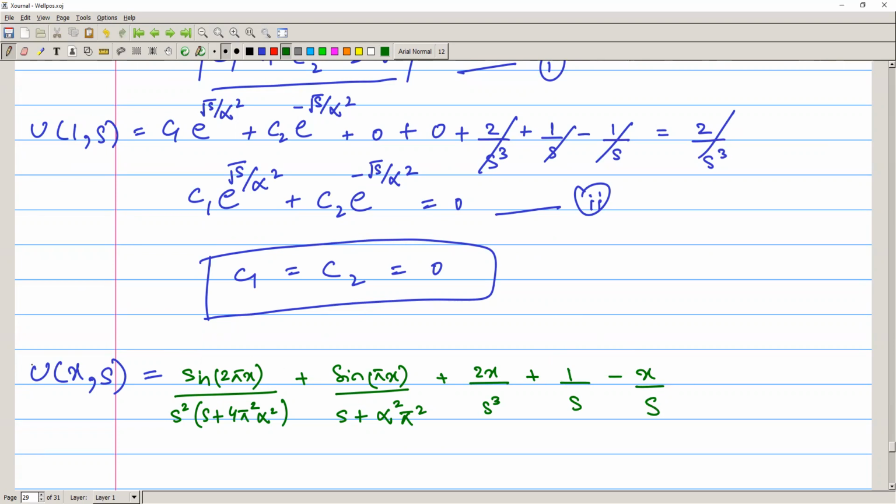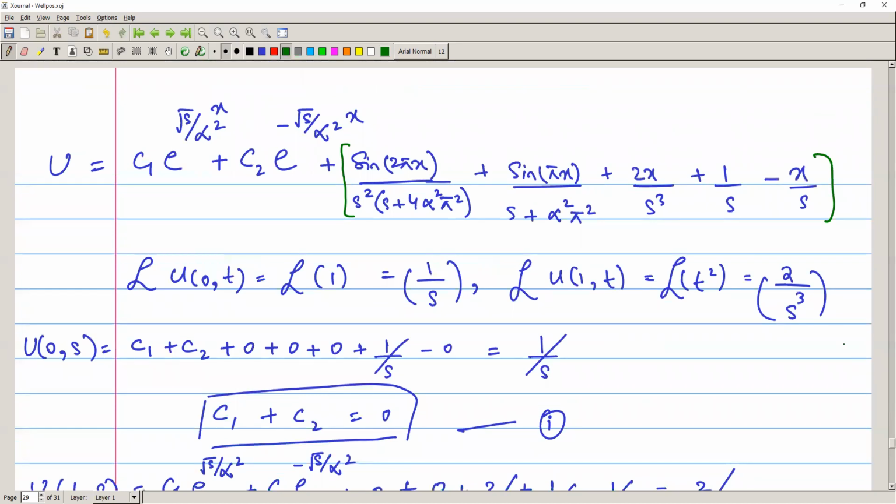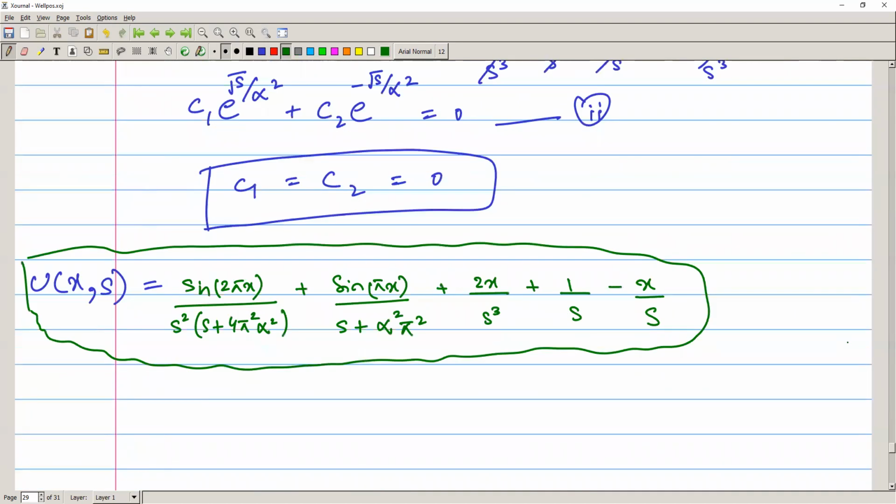So now we have transformed the equation from x comma t to x comma s. Now we need to apply the inverse transform to find the function u of x comma t, right? So we need to apply the inverse transform for this function.